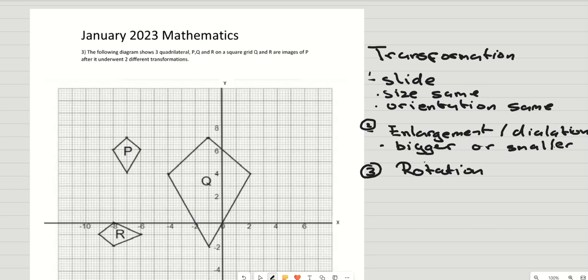right? Again, the size is the same, yes, but the orientation, that is the way the image looks, is different: it turns, right?